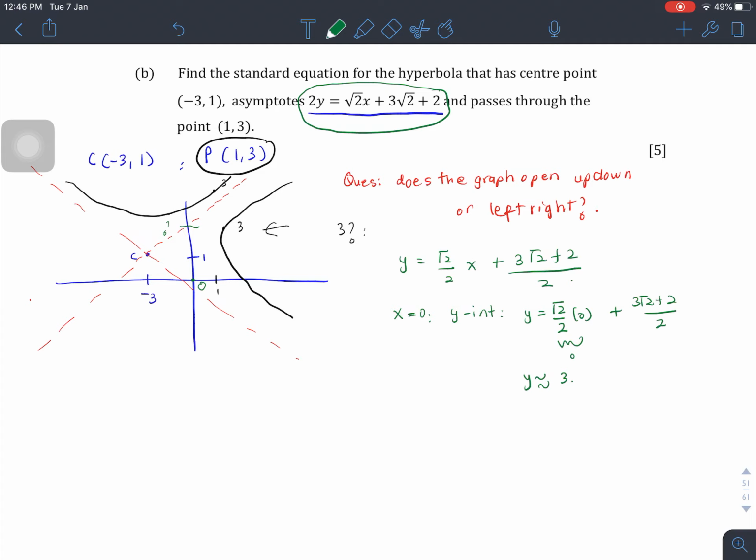Approximately you're going to have 3.12.